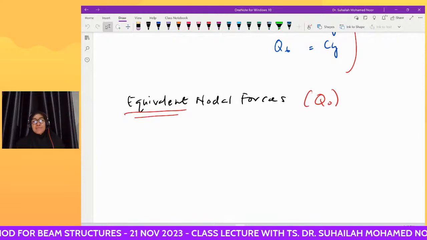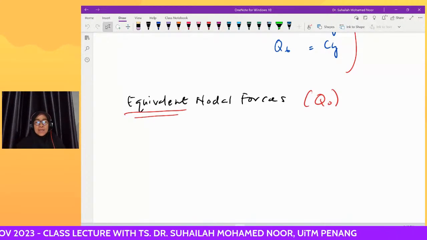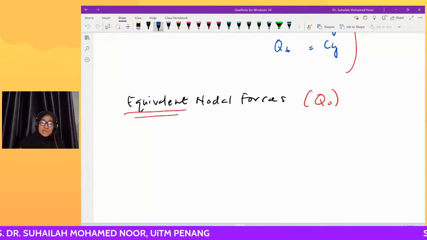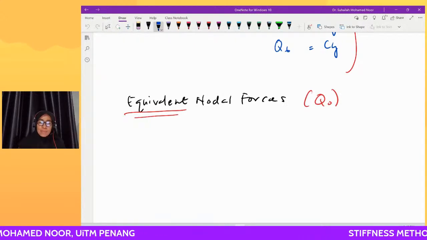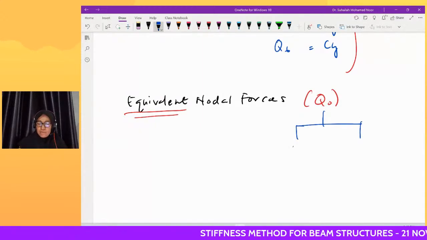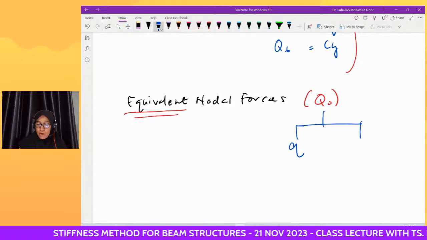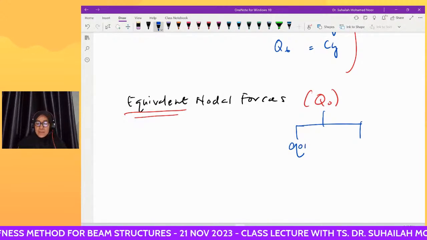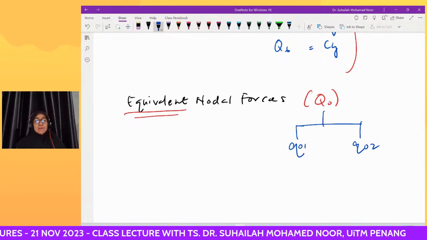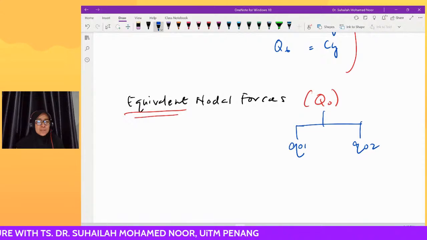Equivalent nodal forces come from the combination of equivalent element nodal forces, the combination of Q naught for element 1 and Q naught for element 2.